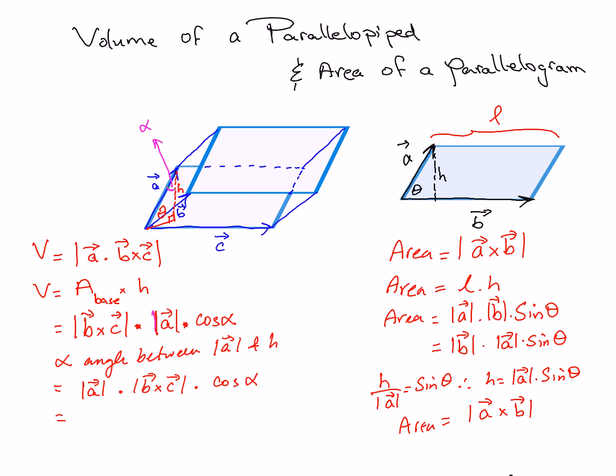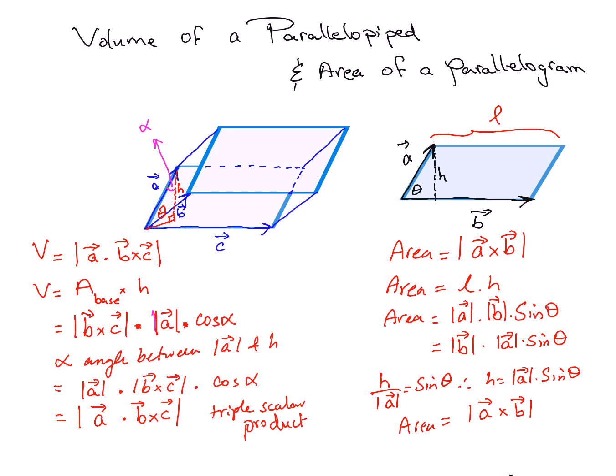If we see this as a scalar quantity, therefore it is the magnitude of A dot B cross C. And that is what we call the triple scalar product.